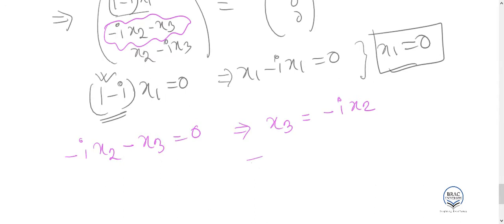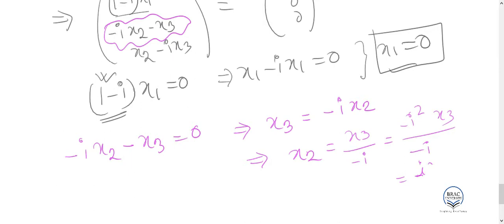Or you can equivalently write x2 equals x3 divided by minus i, and if you simplify it a bit, you can write minus i squared over here, that means 1, and x3, and you have a minus i over here, and finally you have i x3. So you are writing x2 in terms of x3.